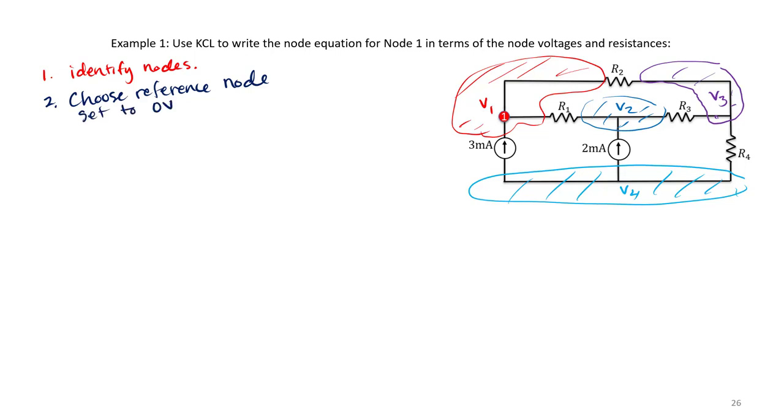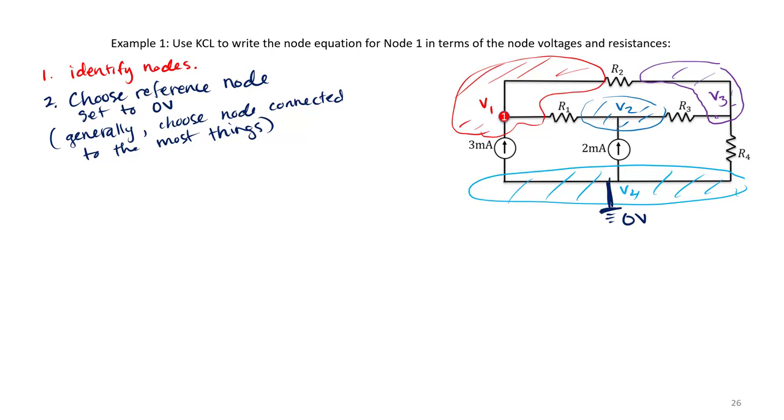I want to make as many things as possible 0, so generally you want to choose the node which is connected to the most things. So here, notice V4 is connected to 3 other points. So I'm going to go ahead and make V4 my reference node.